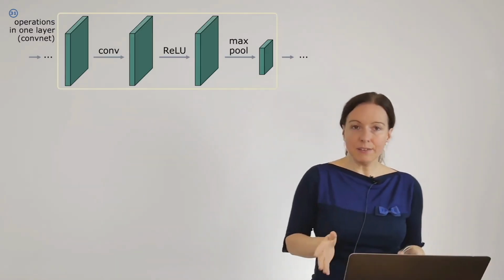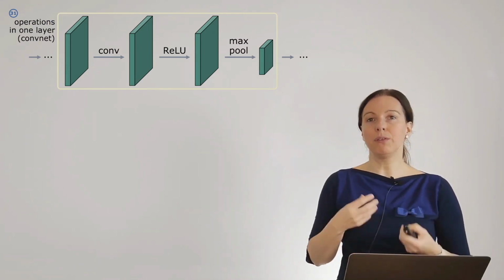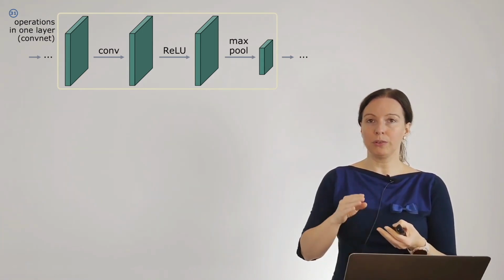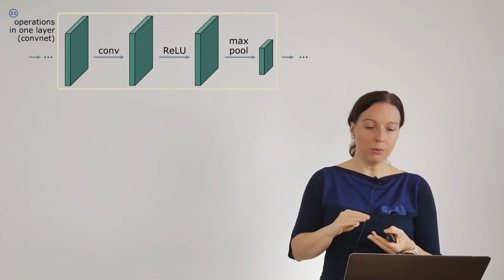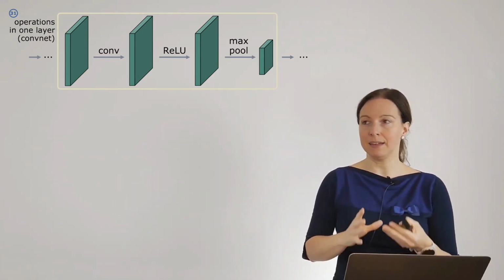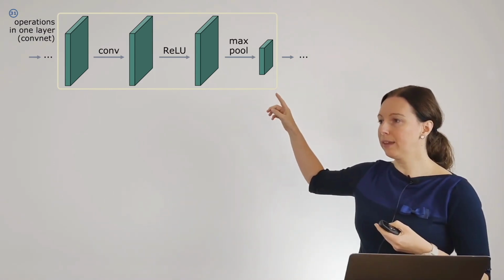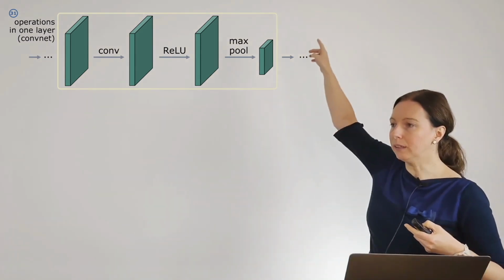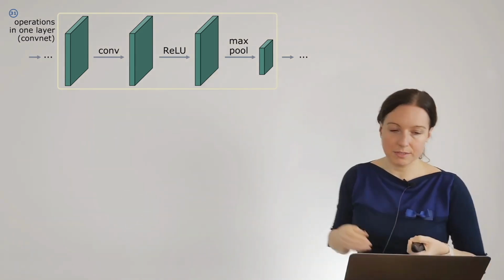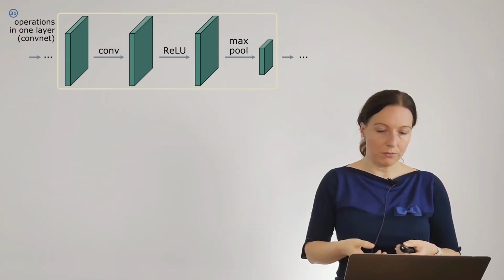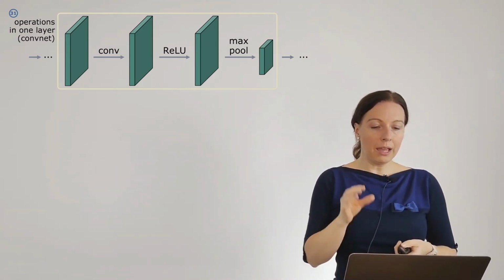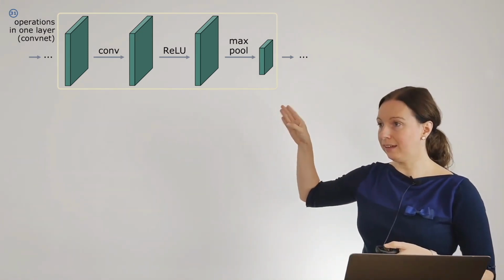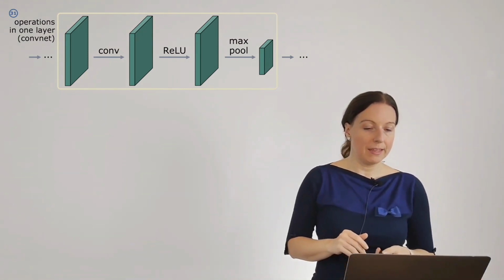So to understand Deconvnets, let's have a look at a simple convolutional neural network. A simple convolutional neural network uses convolutions, ReLU, and max pooling as a standard block. So here, this whole thing is a standard block with these three operations in a convolutional neural network, and we denote in the following one layer as a set of exactly these operations.